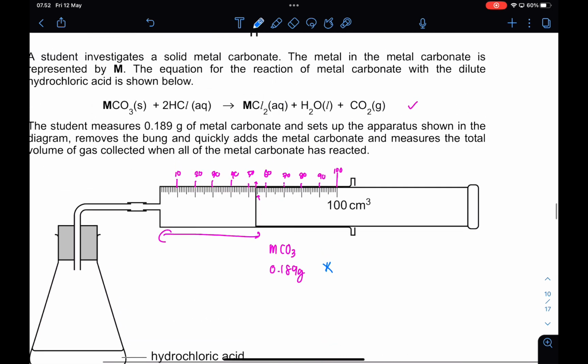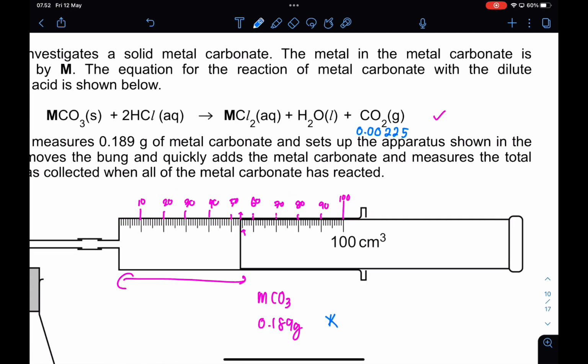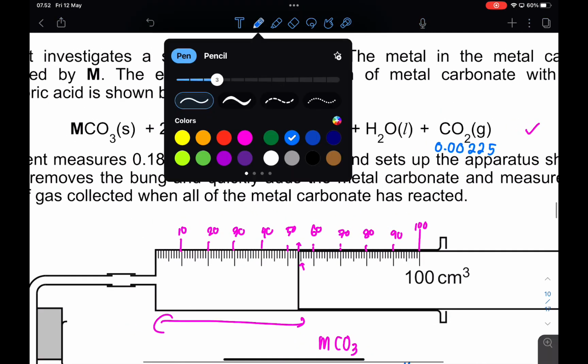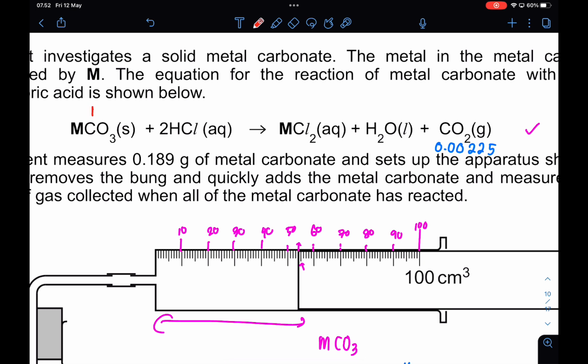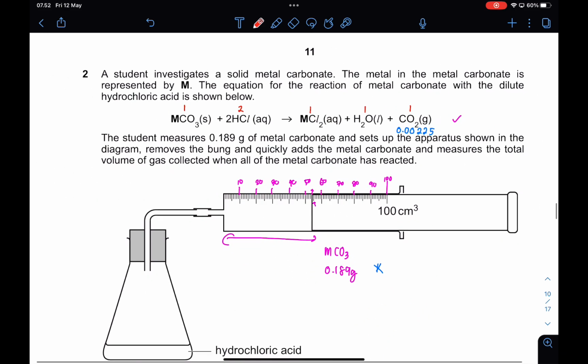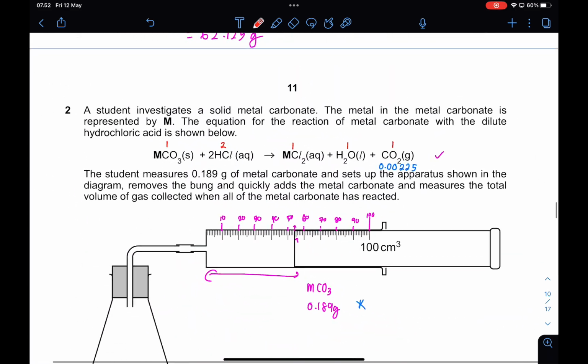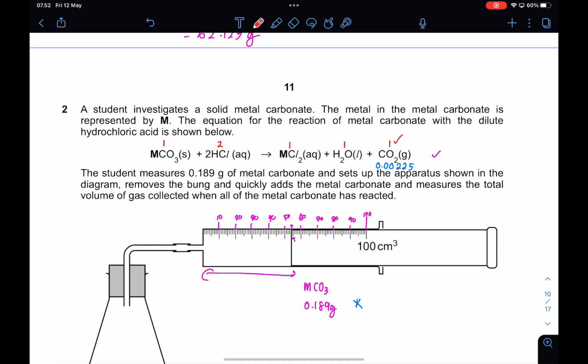So now, if you have carbon dioxide, you know 0.00225, so I just put 0.00225. Now, everyone should know this, the ratio 1, 2, 1, 1, 1. Terence, have a look. Why do we have this ratio? Because of the number in front, so we will use that number. Now, they want us to find the number of moles of metal carbonate.